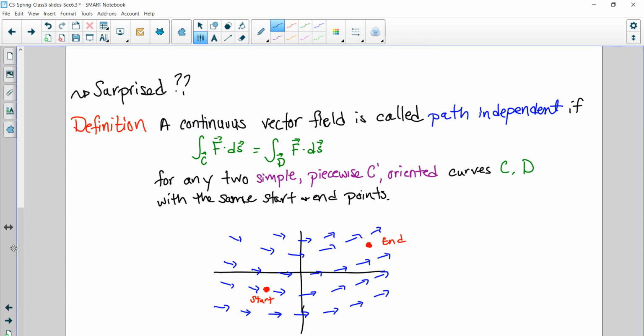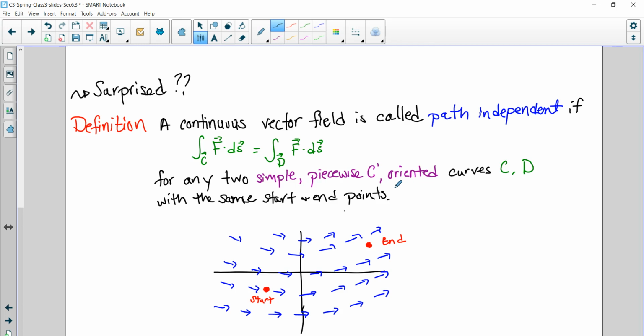Okay, so if we have a vector field, we call it path independent if the vector line integrals along two distinct paths are equal, and I'll also mention that those two paths must be simple. We talked about that last time, so non-self-intersecting, and then we have to have piecewise continuous, oriented, so indicating a direction of movement, and that's what we would say when two paths are path independent.